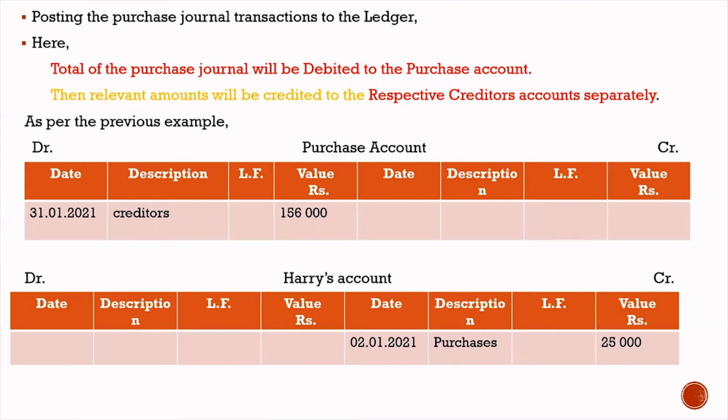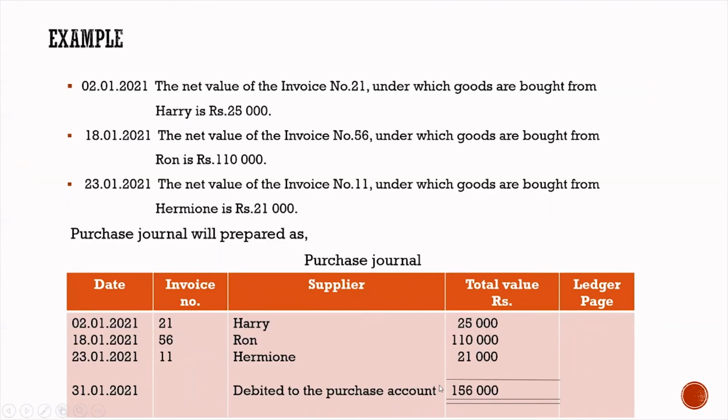So you have to remember that the purchase journal total, this 156,000, will be taken directly to the purchase account as one single entry. So it will be debited there. And the equivalent credit entries will have three entries because there are three suppliers. So all these suppliers separately will be accounted.